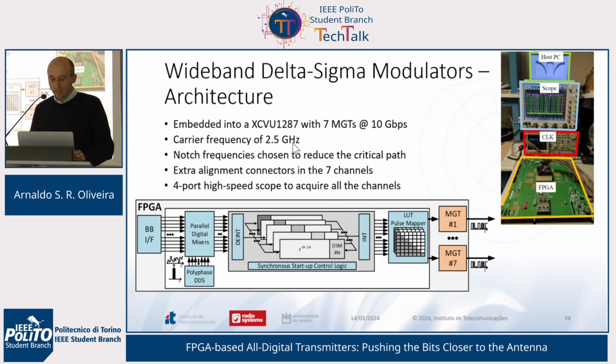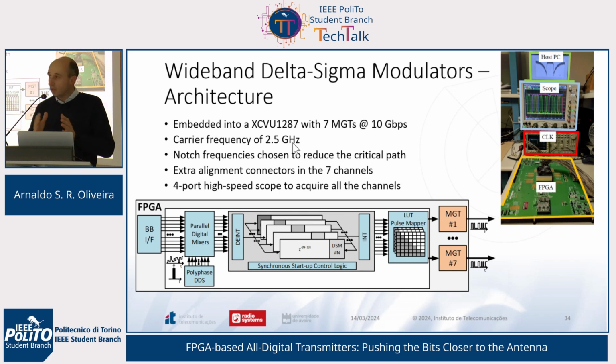This is the block diagram of our setup and also the laboratory setup. Again, we used at that time 10 gigabits per second. We used 7 MGTs that are combined externally by a power combiner in order to get the signal. In this case, the delta sigma uses a multi-level representation, again to achieve stability. We need to balance the paths in terms of timing, because since we have multiple paths, any mismatch will degrade the signal.